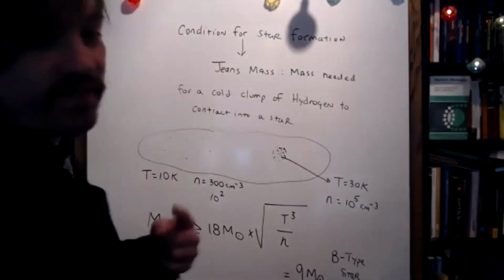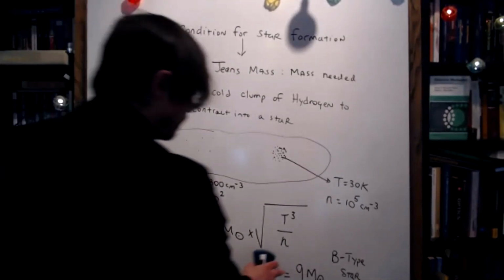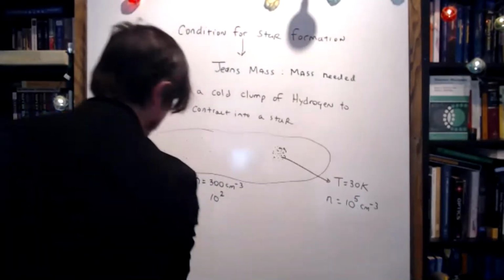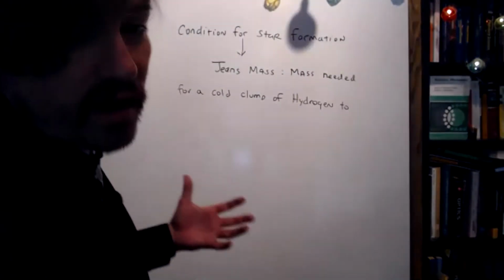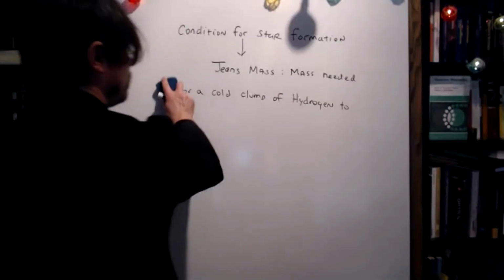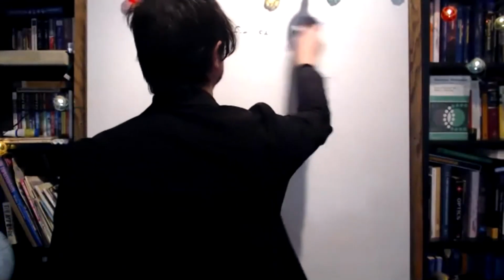We have a working definition of star in this class, which you probably have forgotten. What makes a star a star? Jeans mass? The Jeans mass is the condition for the cloud to collapse and form a star. Fusion.